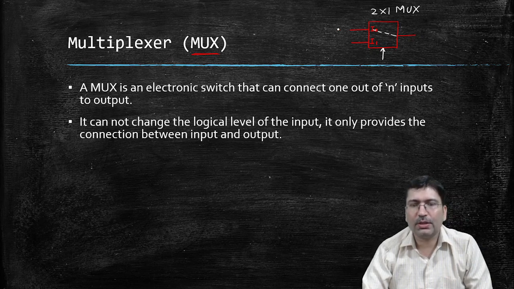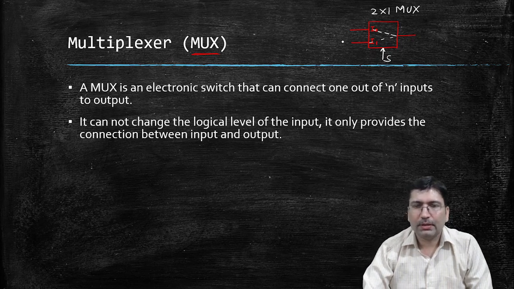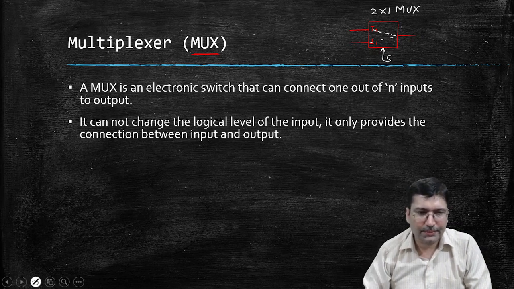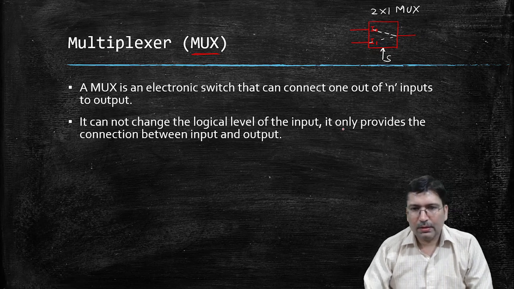If I0 is 0, it will pass only 0. If I0 is 1, then it will transfer only 1, and so on. If based on this select line I1 is being transferred, then it will transfer the value of I1 as it is. It does not change the logical level. It only provides the connection.